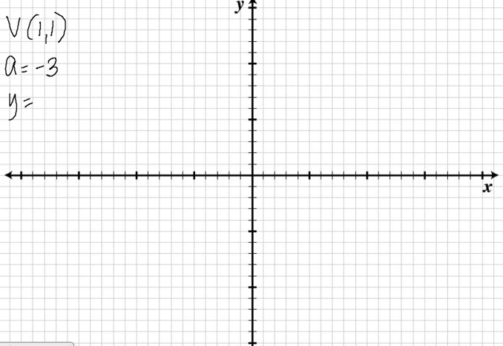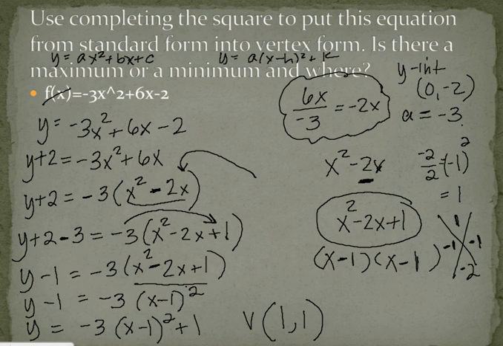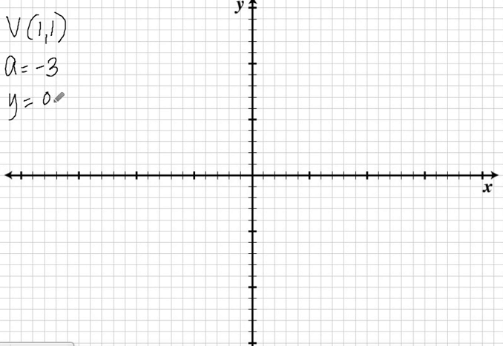Y-intercept equal to negative 2, (0, negative 2). Let's see if we can use these three pieces of information in order to graph this parabola. (1, 1), that's my vertex. Y-intercept is (0, negative 2).